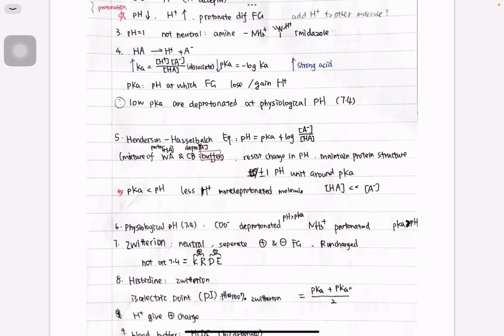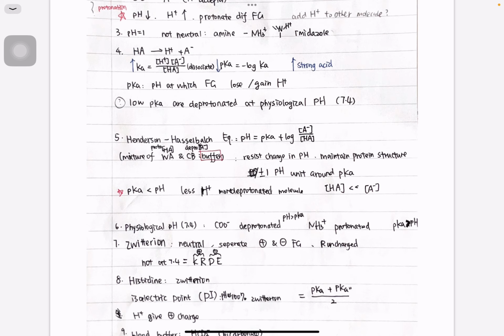Because amines have a really high pKa, and they can add on a proton on their functional group. So if you take a look at some nitrogen, you need to think about, it is neutral, can it gain some proton or not?